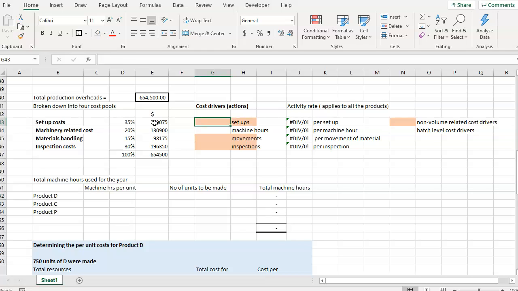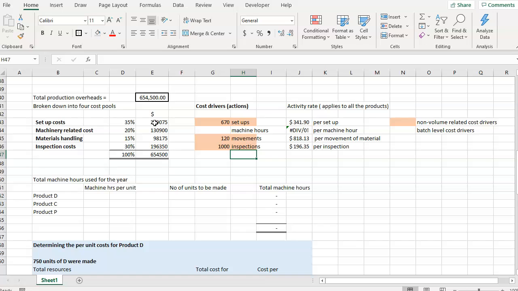We had 670 setups. We had 120 movements. We had 1,000 inspections. Notice that this data relates to every product, including D, C, and P.